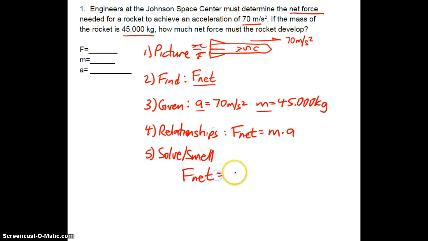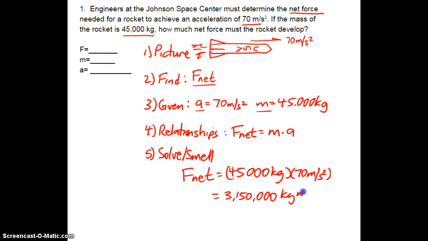Our net force, we're going to be particular about units now. 45,000 kilograms times our acceleration, 70 meters per second squared. What does that equal? I multiply these together and I get 3,150,000 kilogram meters per second squared.